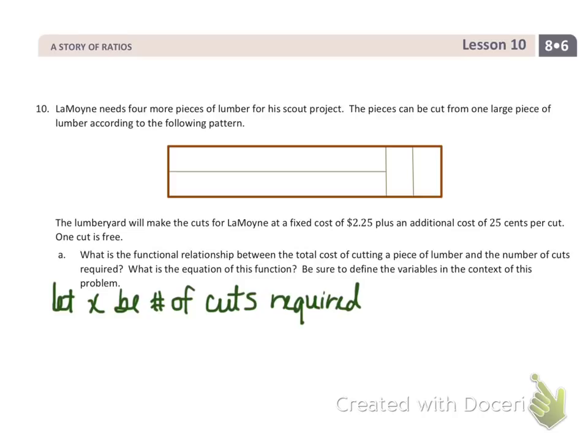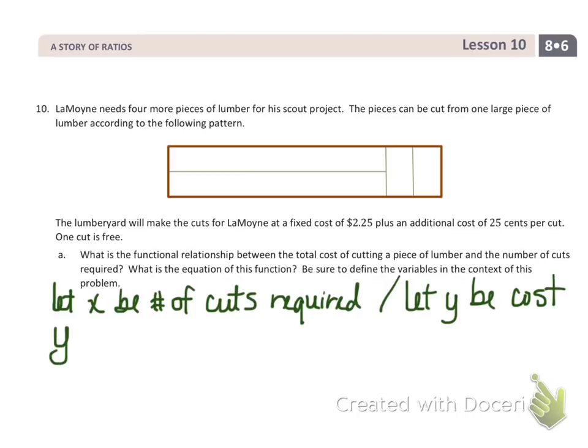Okay, so like we said, I'm going to define one more variable over here. Let Y be total cost, total cost for getting the cuts. So X is the number of cuts required, Y is the cost, okay? So we can write this functional relationship.